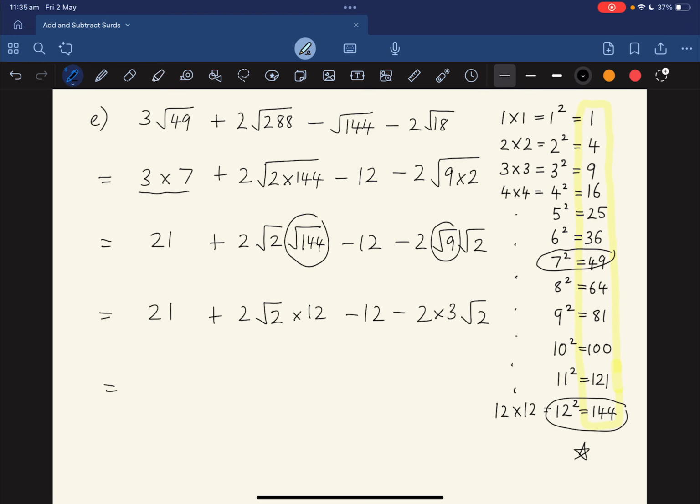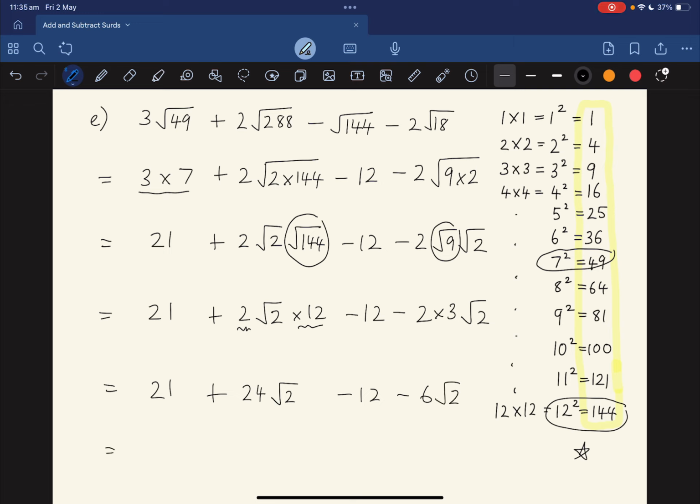And what else? Let's simplify. So simplifying between each step. Looking at this here, 2 root 2 times 12, we can grab those numbers out the front. 2 times 12 is 24 root 2. Take 12. Well, I could have added that to the 21, but let's do it in the next step. -2 times 3 is -6 root 2.